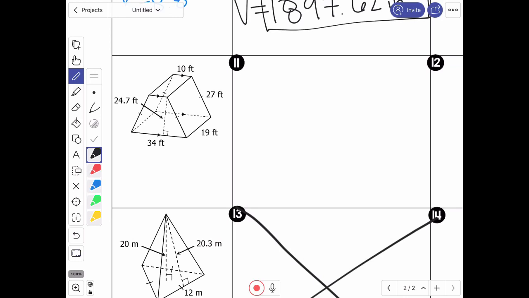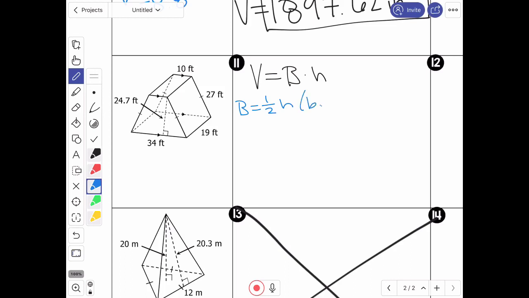11 is a trapezoidal prism. So that is, again, when we're going to take the base area times the height. And with the base being a trapezoid, that means the base area is going to have to be 1/2 times that trapezoid's height times the bases added together.